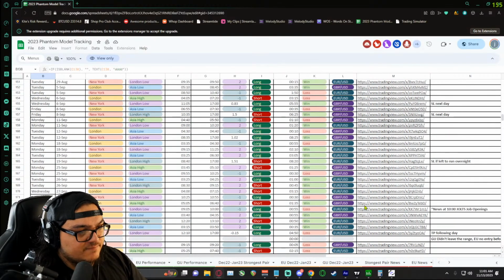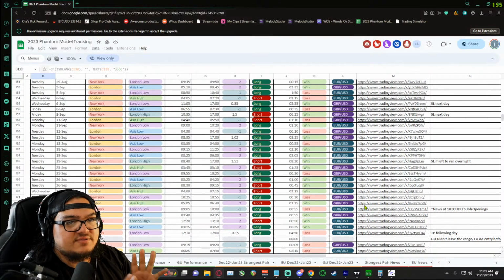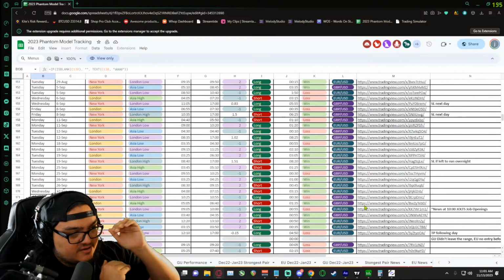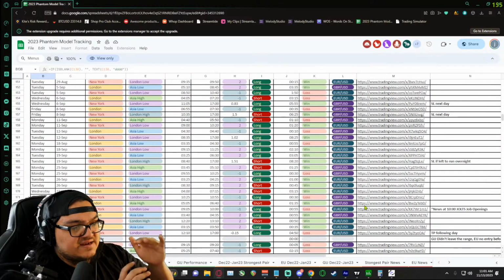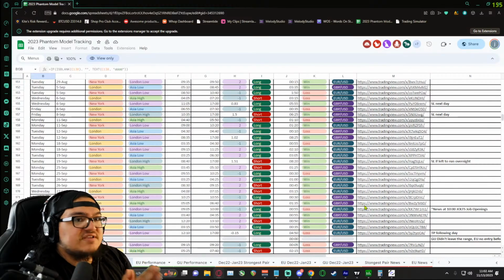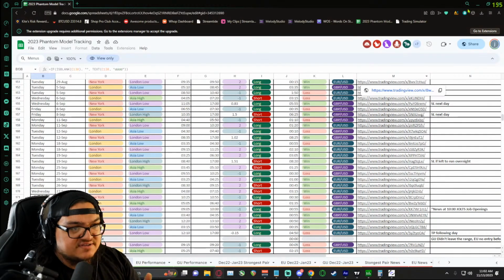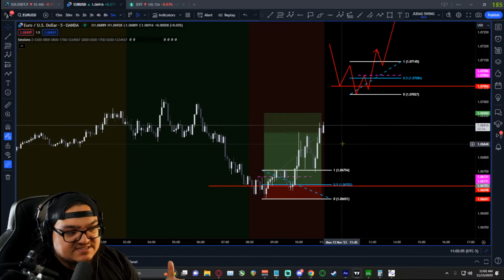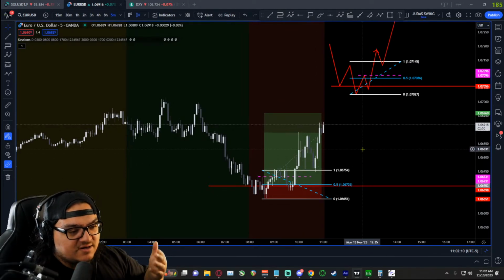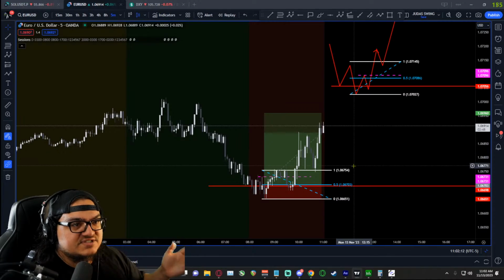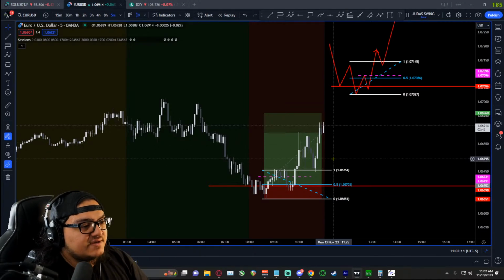So once I have all the numbers, I'll compare the amount of entries compared to this, and I'll see if there's a drastic difference. Like I said, if we're only getting 25% of the entries compared to the original strategy, it doesn't make sense to do this. It doesn't make sense because you're going to be missing out on more trades, but still getting the same risk to reward ratio.